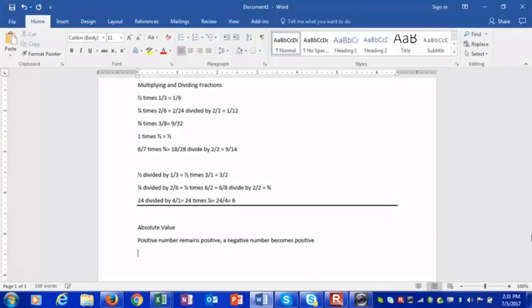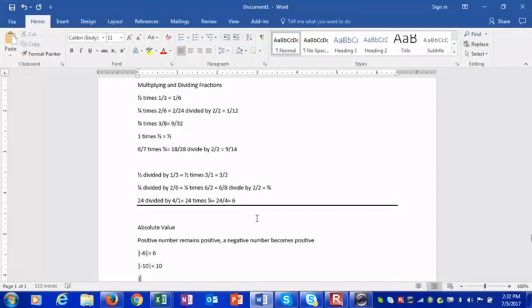Okay? Here's an example. We have -6 inside of the absolute value, and the absolute value basically kicks any negative sign out of the sequence. So the absolute value of -6 is actually just 6. The absolute value of -10, again, same concept. The absolute value kicks the negative out and makes it a positive 10.